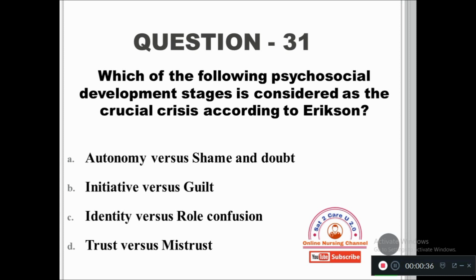The right answer, let's check. It is option D, trust versus mistrust. Because according to Erickson, the resolution of this stage will determine how a person will handle or resolve in the next stages to come. So trust versus mistrust gets the priority.